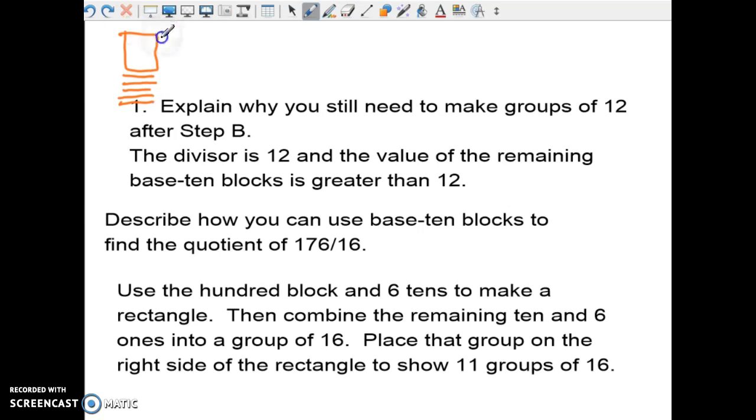So do I have 6 more 10s to put here? No, there's only 1 more 10, right? And then my 6 1s, so that I have that rectangle. That is an 11 by 16 rectangle.